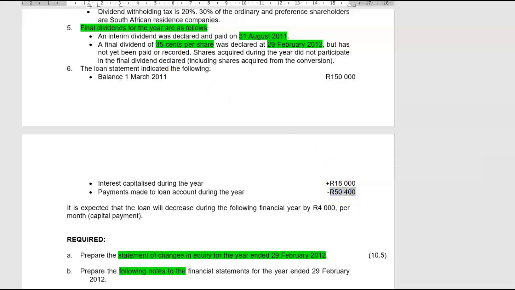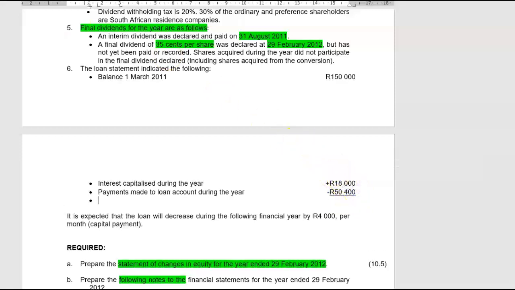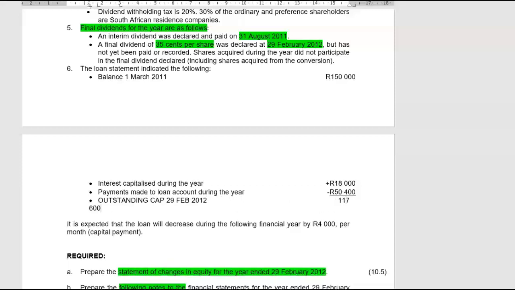So if we're going to do a small computation, what is going to be the outstanding capital amount at the end of the year? That equals a total of 117,600.